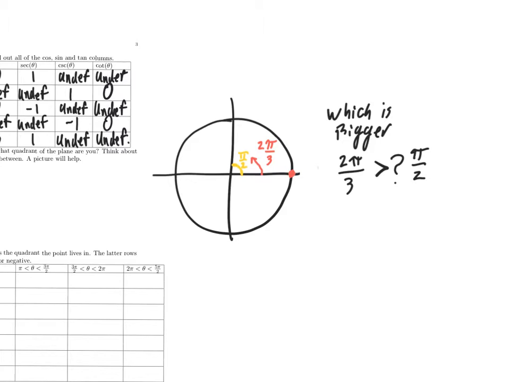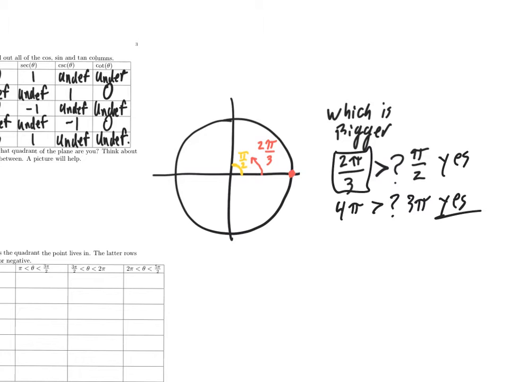It's not really solving because there's no unknown. Let's figure out if that inequality is true or false, I suppose. So here's one mindset, clear denominators. So I'll multiply this 2 to the other side, and I'll multiply that 3 over to the other side. And I'll wind up with the question, is 4 pi greater than 3 pi? And the answer, of course, is yes. This is the bigger one. So 2 pi over 3 is bigger than pi over 2.